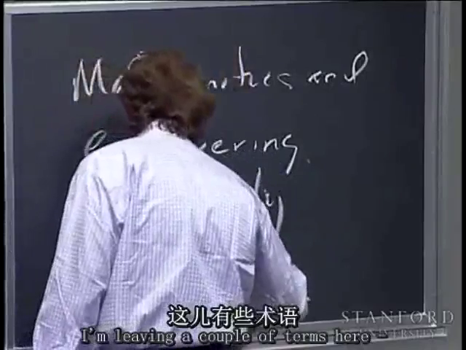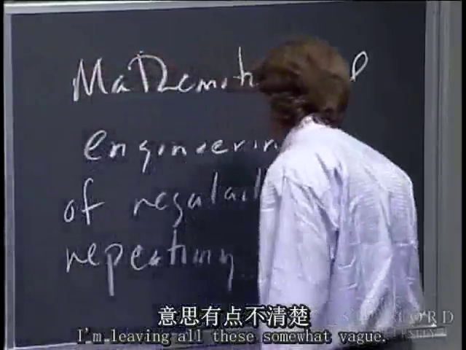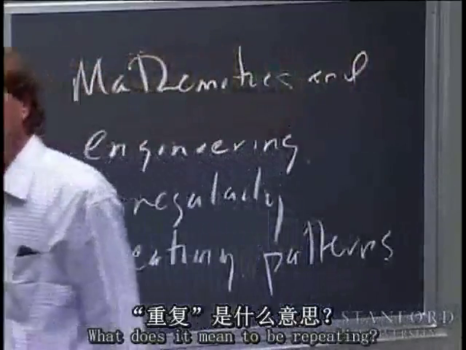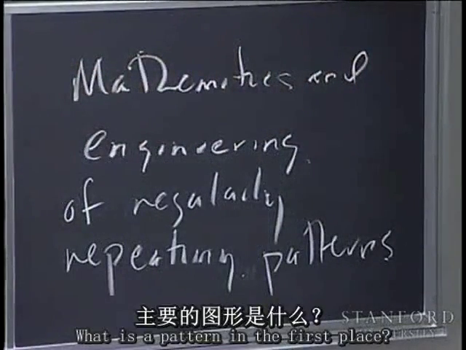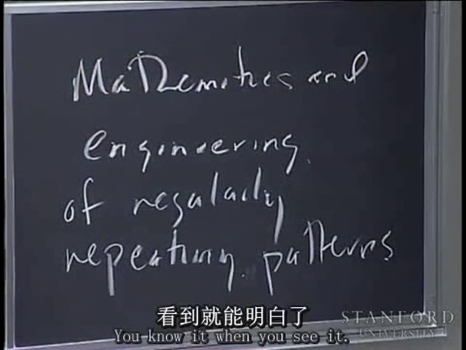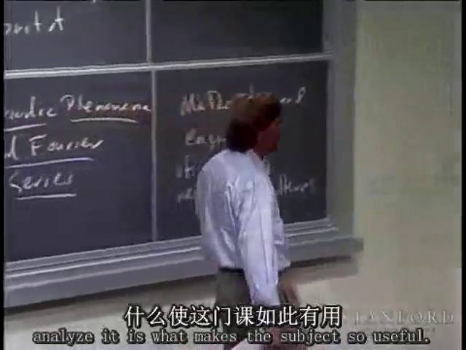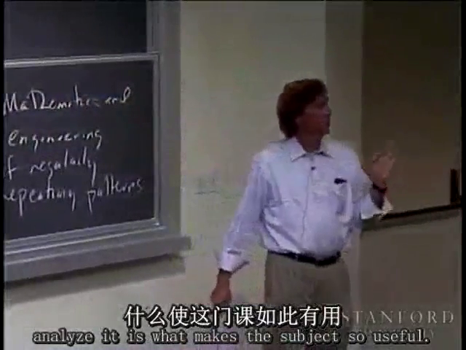I'm leaving all these terms somewhat vague. What does it mean to be regular? What does it mean to be repeating? What is a pattern in the first place? But you know what I mean. You know it when you see it. And the fact that you can mathematically analyze it is what makes the subject so useful.